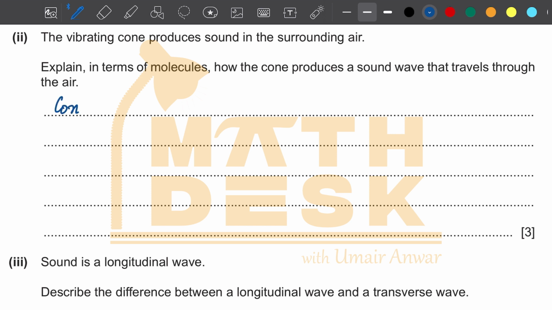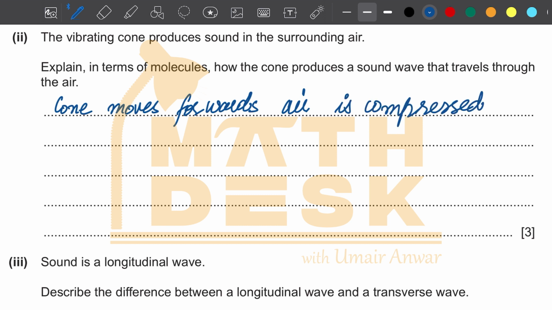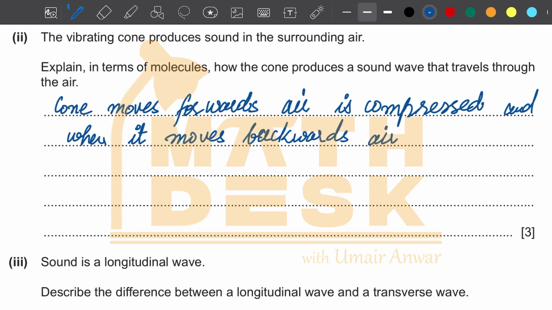So when the cone moves forward, air is compressed, and when it moves backwards, air rarefaction is produced. So we have continuous production of compression and rarefaction.